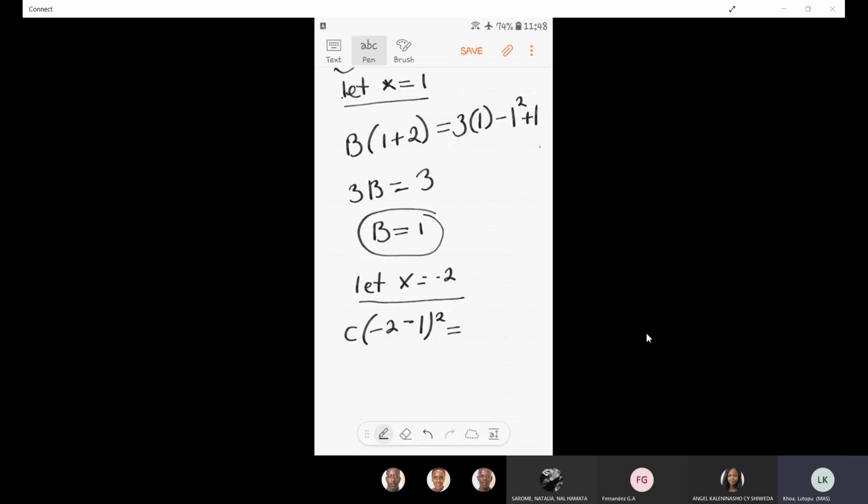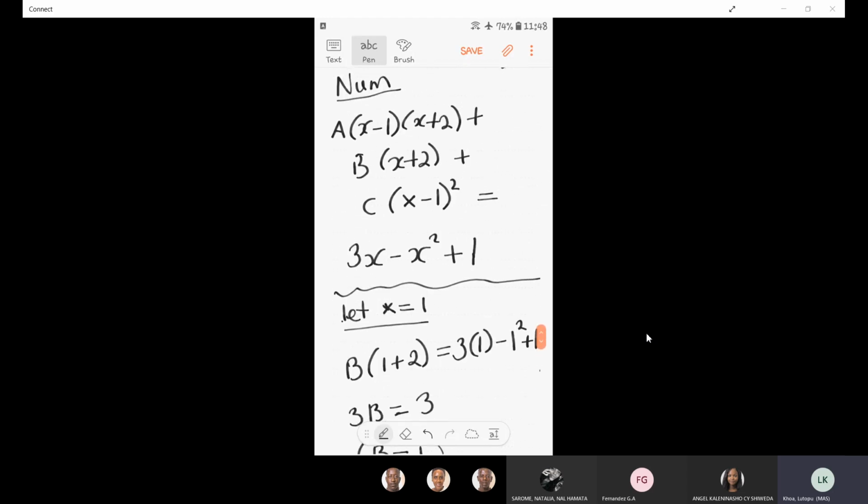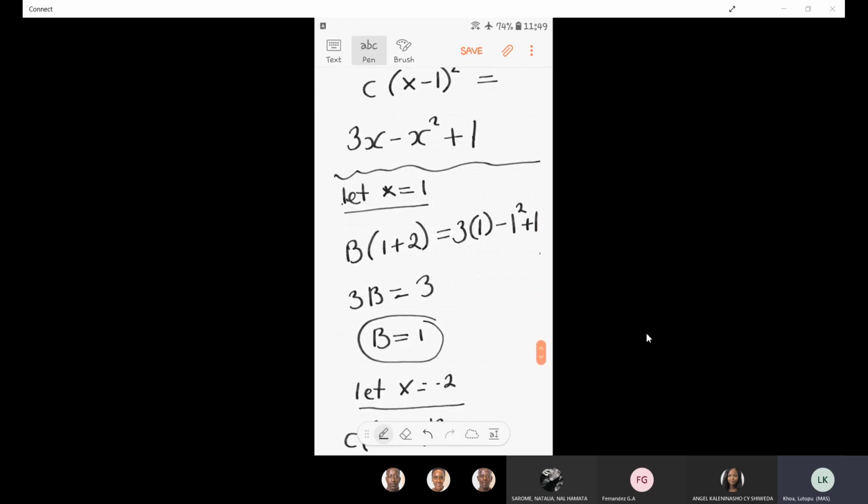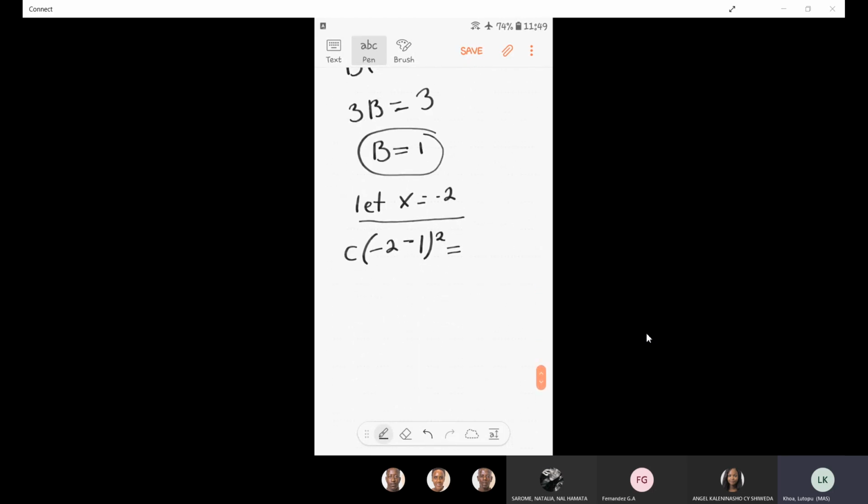This is equal to, I substitute on the right hand side, 3 times minus 2 minus negative 2 squared plus 1. Then on the left hand side, minus 2 minus 1 is equal to negative 3. Negative 3 squared is equal to 9.